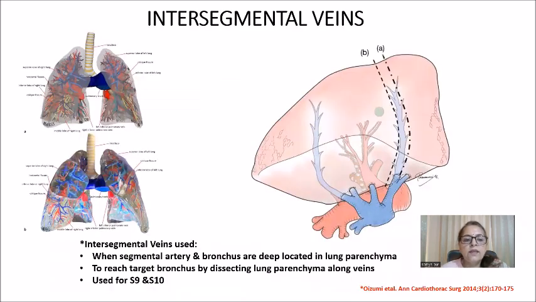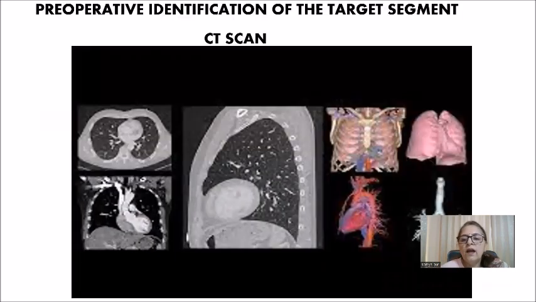But in case the segmental arteries and the bronchus are deep located in the lung parenchyma, to reach the target bronchus we can dissect the parenchyma along the intersegmental veins, and this will guide us up to the bronchus. This method can be used for those segments which are more laterally or more posteriorly placed, like segment 9 and 10.